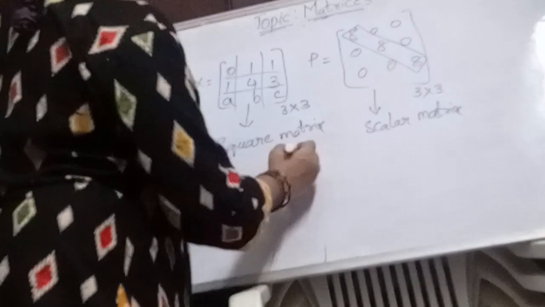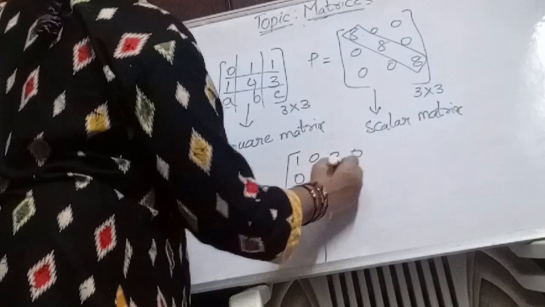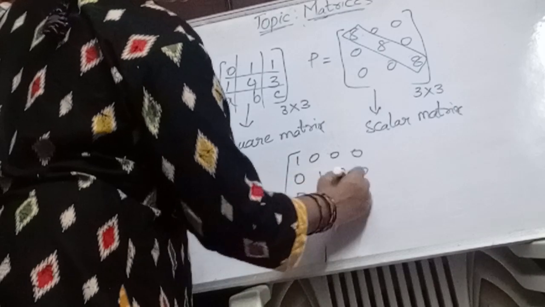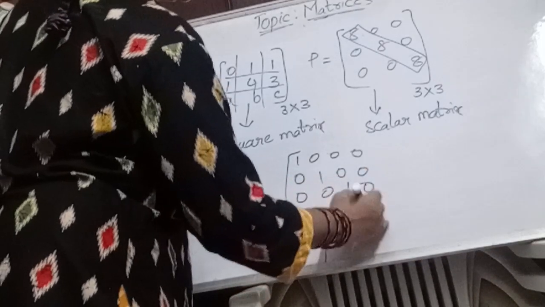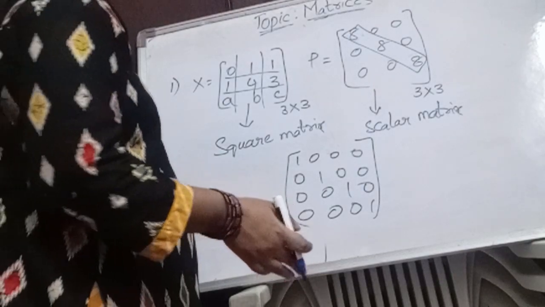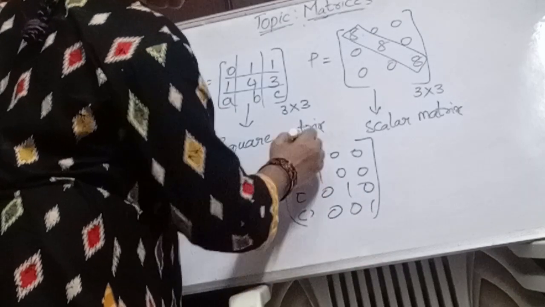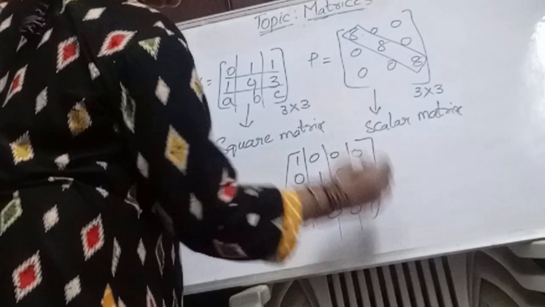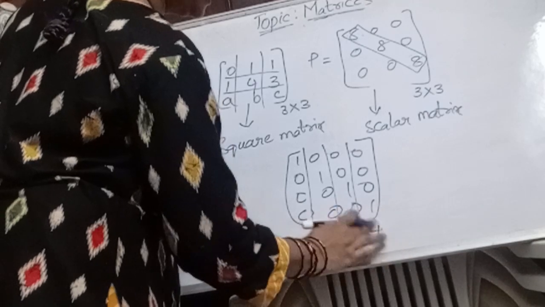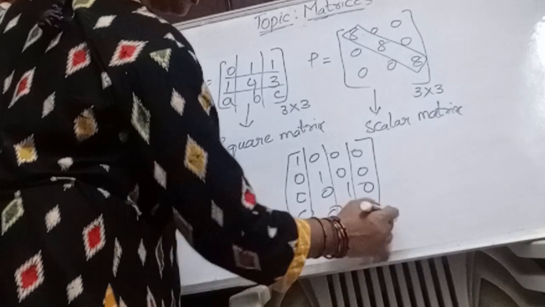One more: 1 0 0 0, 0 1 0 0, 0 0 1 0, 0 0 0 1. This is also a square matrix. Whatever examples we are taking here are mainly square matrices. What is the order of this? There are 1, 2, 3, 4 rows, and 4 columns.